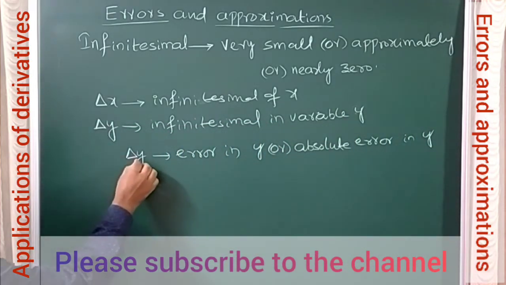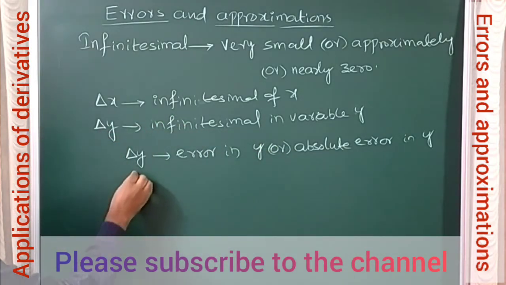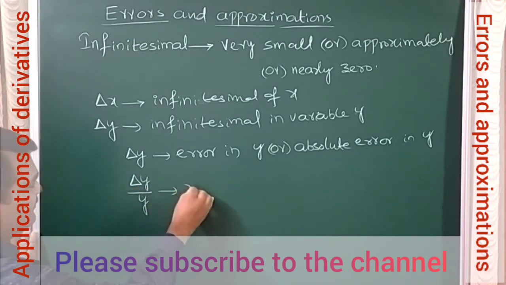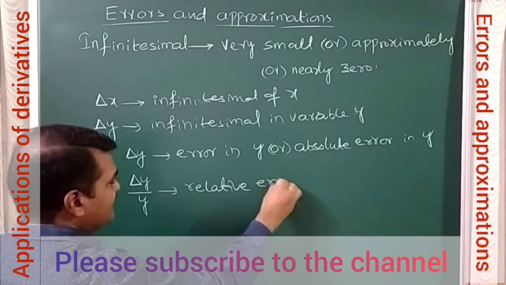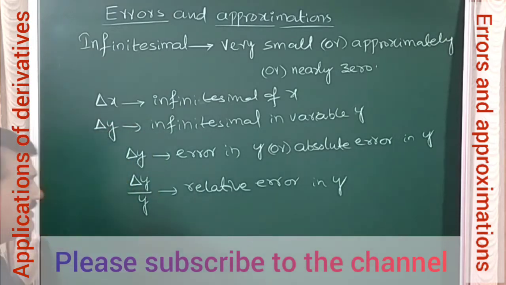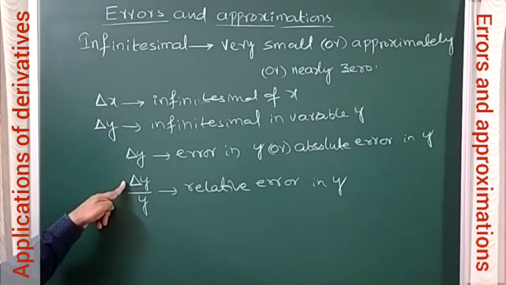Delta y is referred to as absolute error in y, and delta y by y is referred to as relative error, because this is delta y with reference to y, the original value of the variable. This is the error in measuring y.